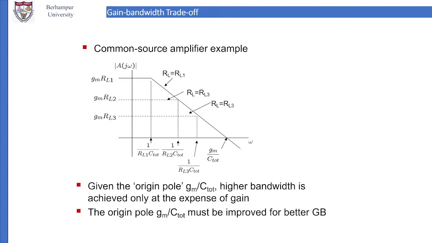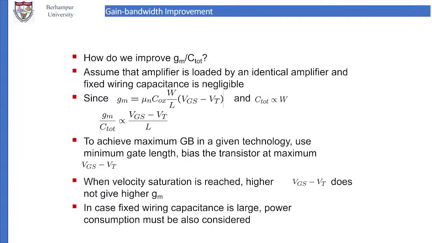If we increase the gain, then the bandwidth will decrease. If we decrease the gain, then the bandwidth will increase. So we discussed about this plot also in the last class. And how to improve the gain bandwidth product, that also we discussed. How to improve gm by C total. gm by C total is proportional to (VGS minus VT) by L. So these things we discussed in the last class.